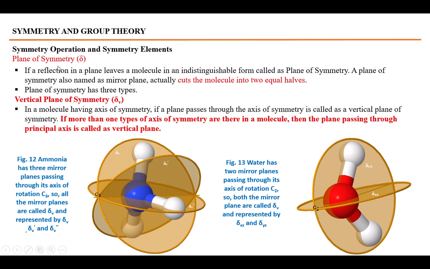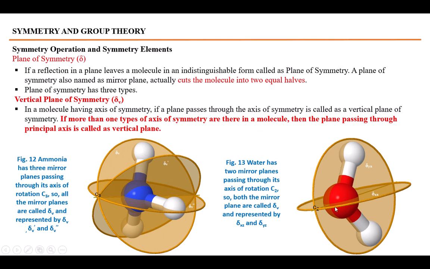We denote a plane of symmetry with the symbol small sigma, and a vertical plane as sigma V. In the case of water, there are two vertical planes, both passing through the C2 axis. One cuts all the atoms in half.